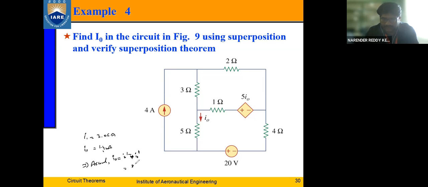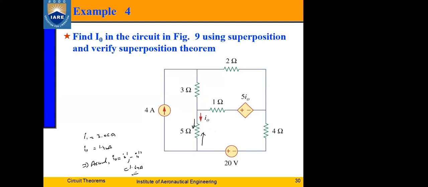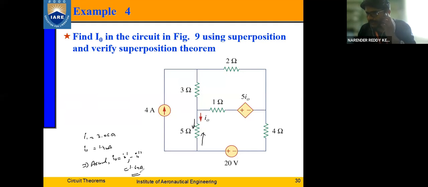So instead of writing plus, I write it as minus. Why did I take minus? Because in the second case, the current was flowing in this direction, while in the first case, the current was in this direction, because we took it as 4 minus I3 in the first case, right? So what's the value here? 1.64 amperes. Is that okay for everyone?